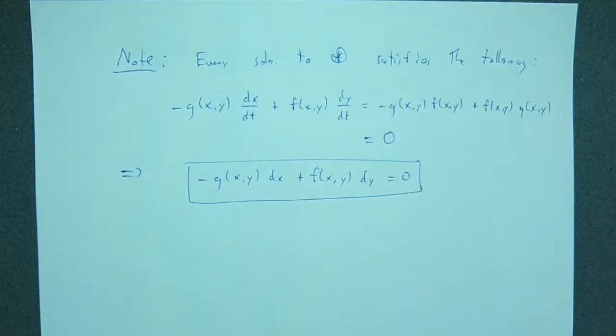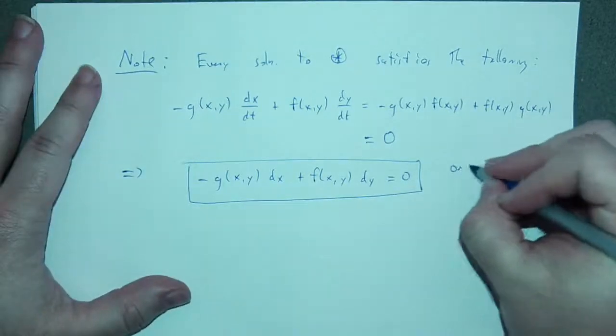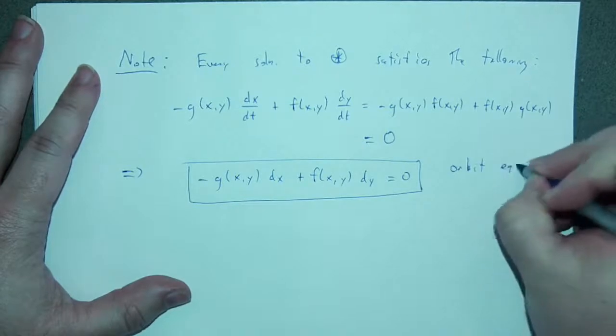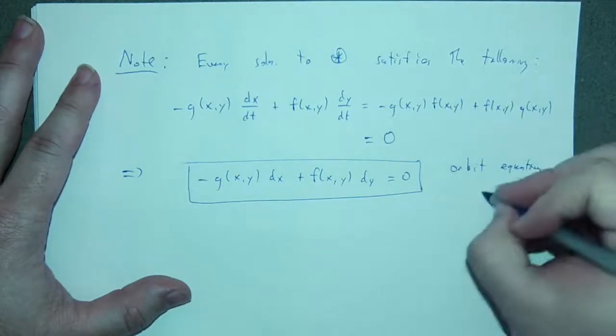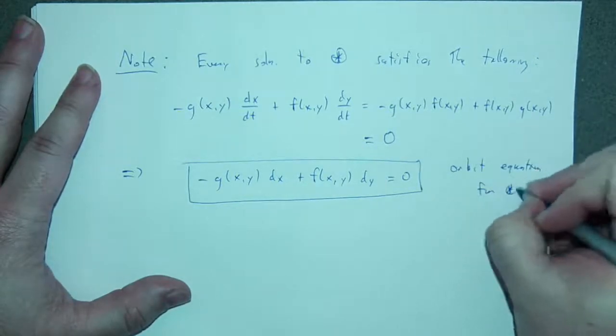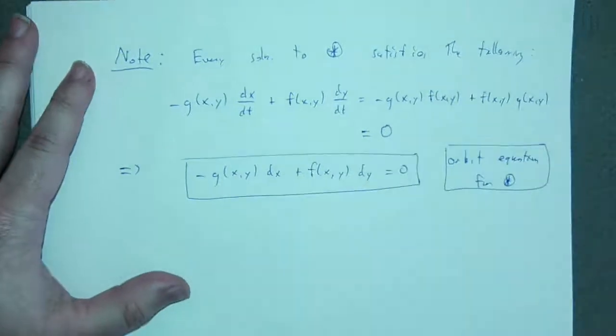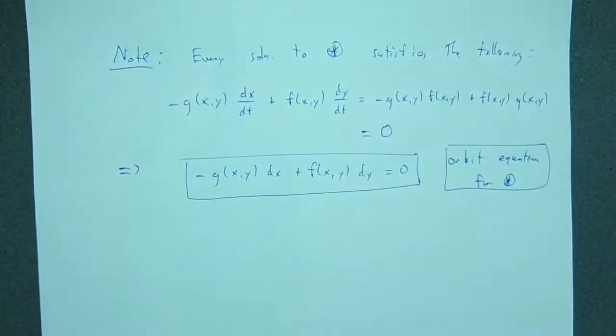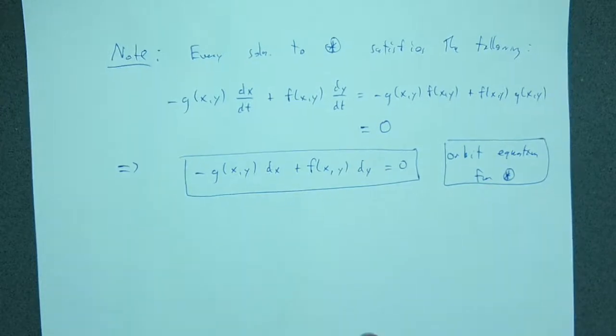What is this? This is called the orbit equation for star. And I want you to notice something: you've seen this before. This is very similar to the differential form for these exact differential form questions back in chapter 1.